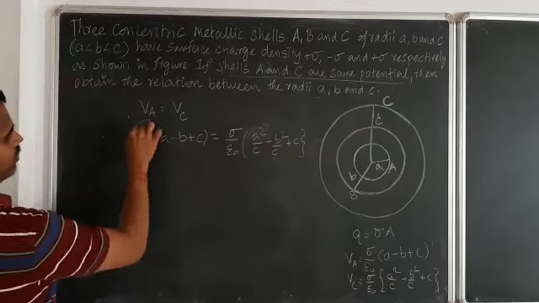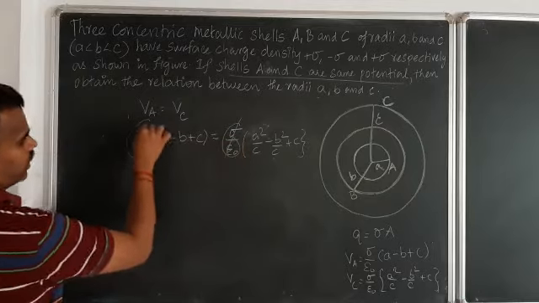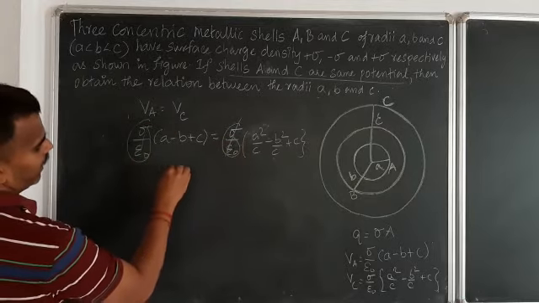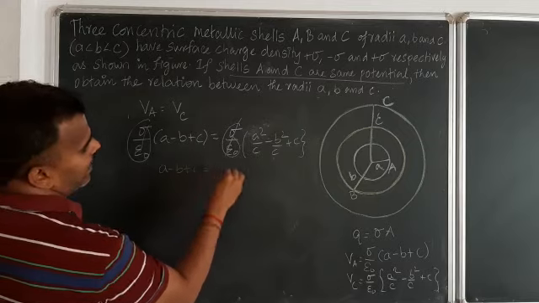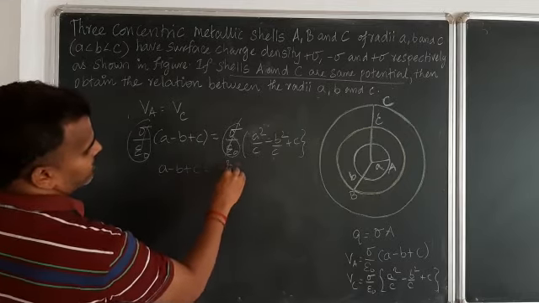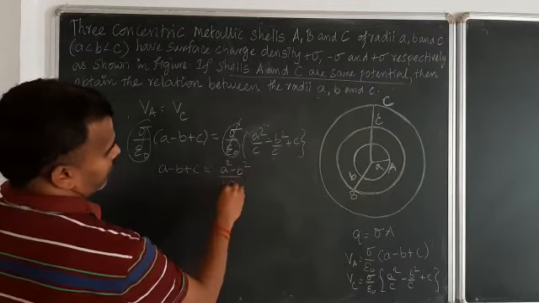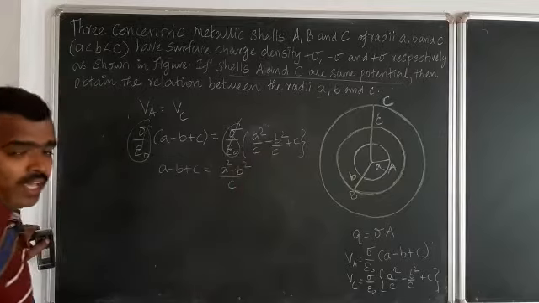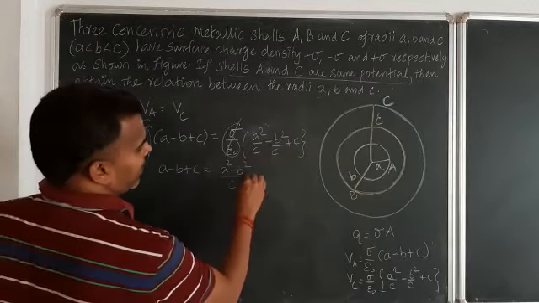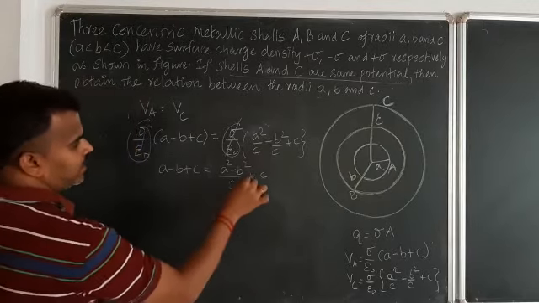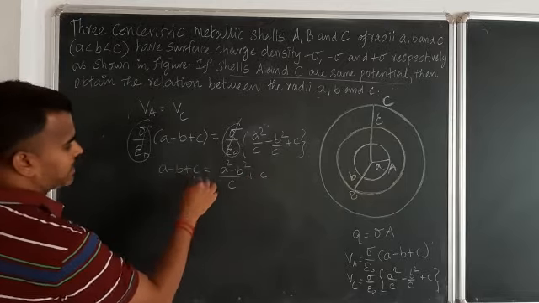Here we have the common factor, so we can cancel it. On the right, A square minus B square whole divided by C, because both have the same denominator, plus C.